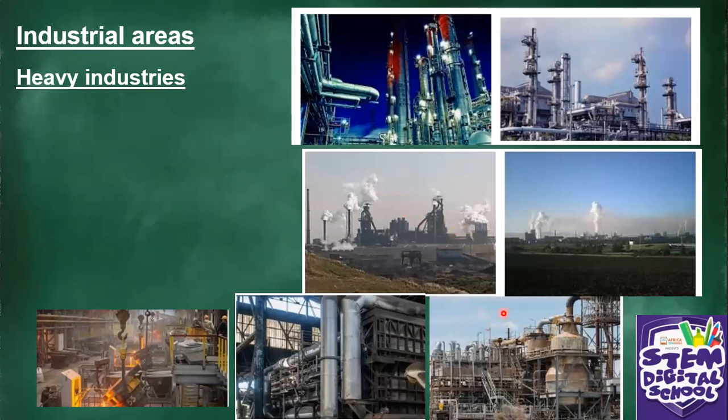So these industries, usually you can see there are no residential areas nearby because they produce a lot of air pollution and noise due to the equipment they use. That's why they have to be far away from residential areas where people live. So all of these ones, they are examples of heavy industries. So always remember, for industrial areas, we've got light industries and heavy industries.